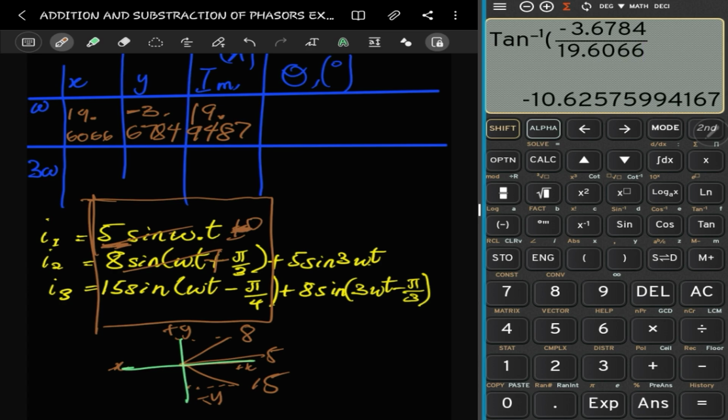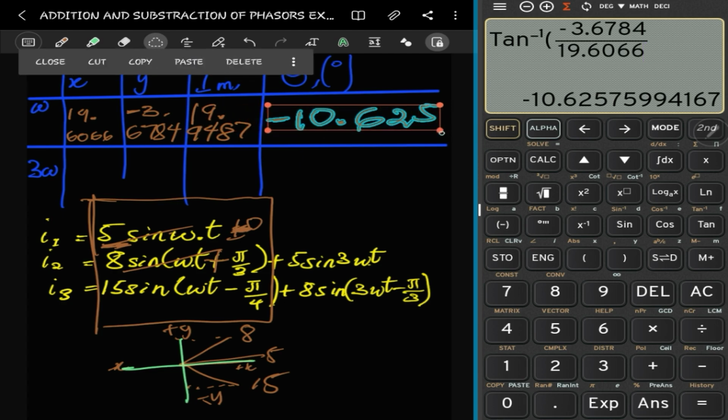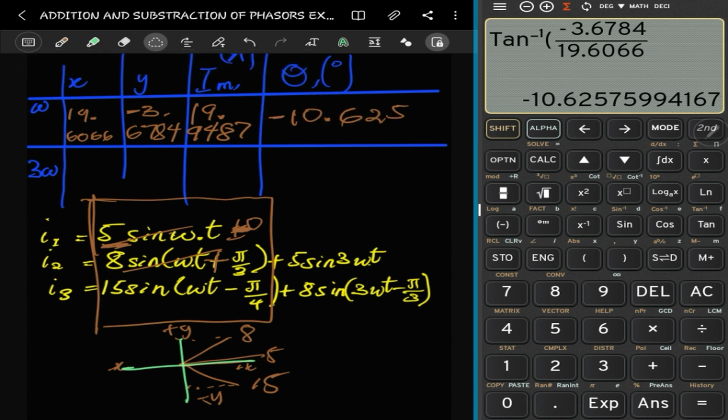This gives us the phase angle showing that it's lagging, so that's minus 10.6258. It has given us negative, so it is telling us that it's lagging because the phase shift is negative.